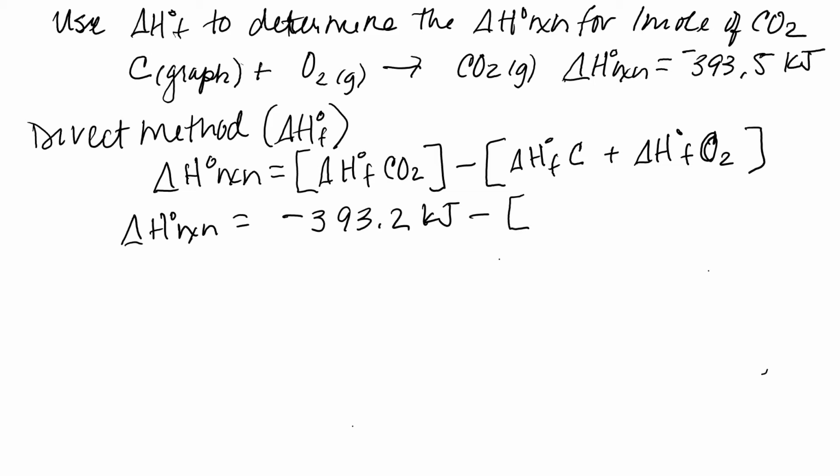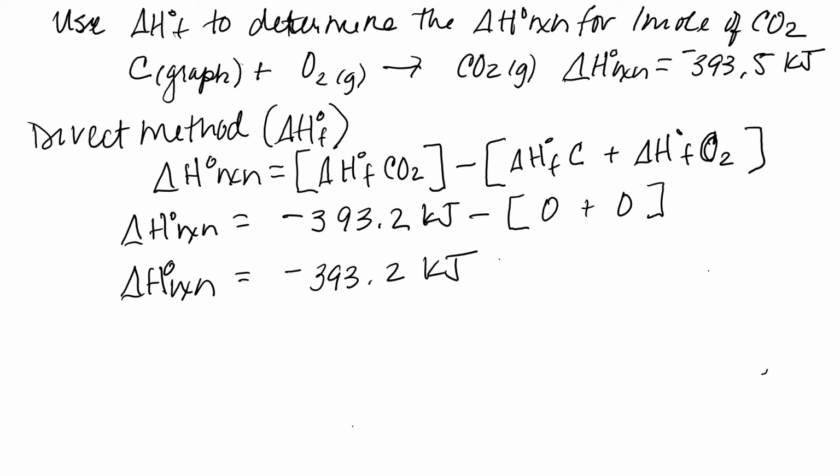And both carbon and molecular oxygen are in their most stable physical states, so their standard heats of formation are 0. So delta H, or the standard heat of this reaction, equals negative 393.2 kilojoules. And this is per mole, 1 mole.